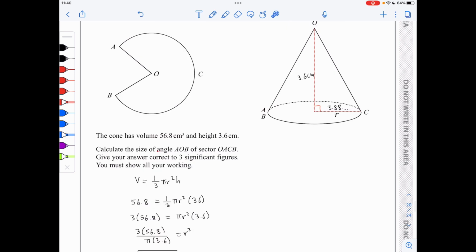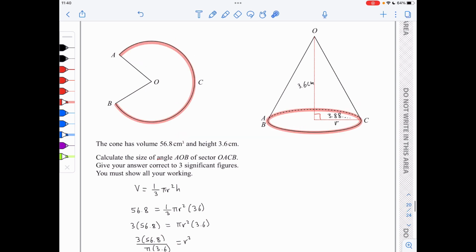3.88. So if we think about it, the circumference of the base of the cone is simply this arc here. So I have highlighted the two lengths that are equal. We also notice that the slant height of the cone is the radius of the sector here on the left.